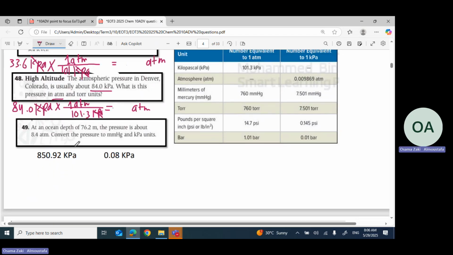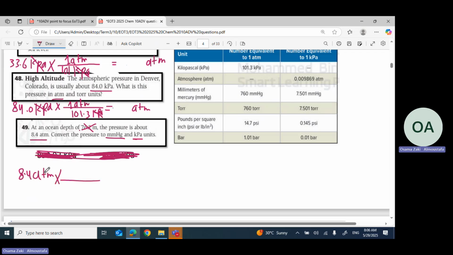Here we need to convert, sorry, this is the depth, we don't need the depth. 8.4 ATM. We need to convert it to millimeter mercury and kPa. So times what?